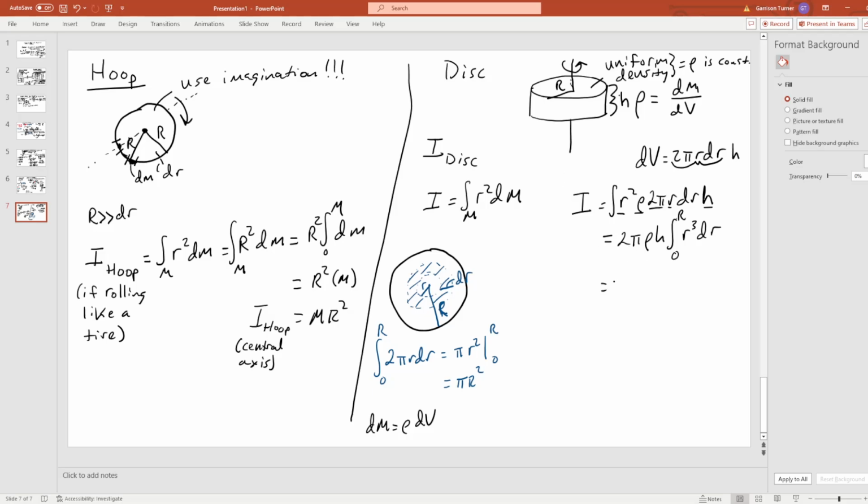And so this is going to be 2 pi rho h times, cutting to the chase, the integral of r to the third, which is r to the fourth over 4, evaluated from 0 to capital R. This is capital R to the fourth over 4. So this cancels with a 2 down here.